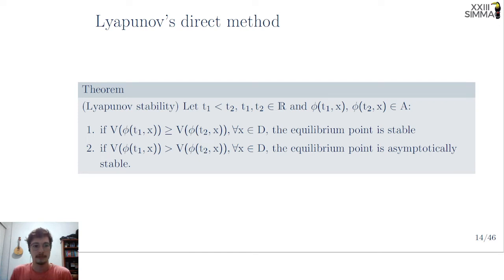The Lyapunov stability theorem says that if the Lyapunov function is only non-increasing, then the equilibrium point is stable, and if this function is strictly decreasing, the equilibrium point is asymptotically stable.